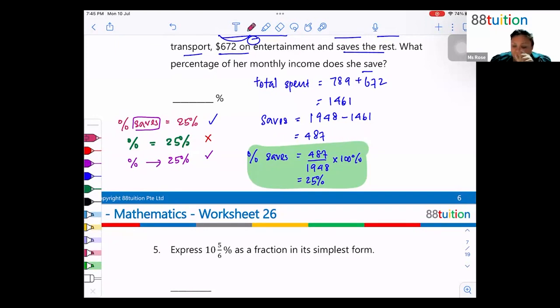So if you write 10% total is equals to 100, this is correct. If you write 10% equal to 100, this is not correct. But if you write 10% arrow 100, this is correct. It's just the presentation that schools or the exams, especially PSLE, are particular about. So make sure that the percentage sign, unless you have something, then use an equal sign. Otherwise, please use the arrow. Okay, take note.